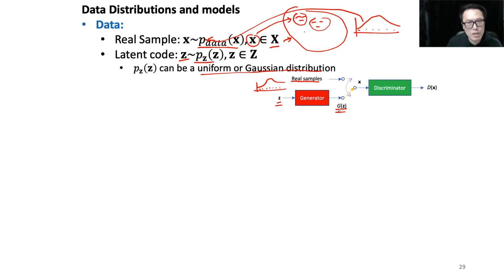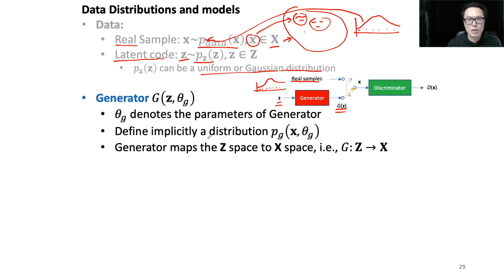Up to now we have two kinds of samples. The first is the real sample from the real data set, and the next is the latent code, which is the input to the generator in order to generate the fake samples. Now focus more on the generator.